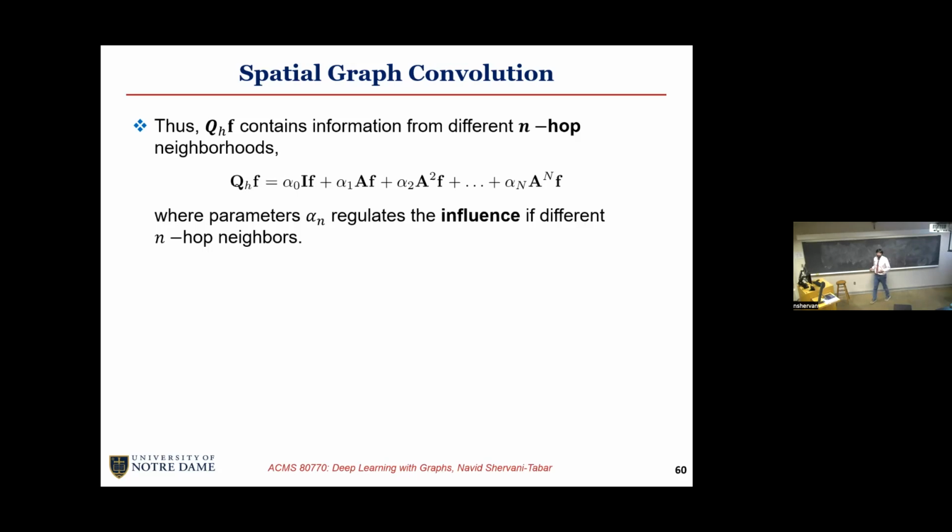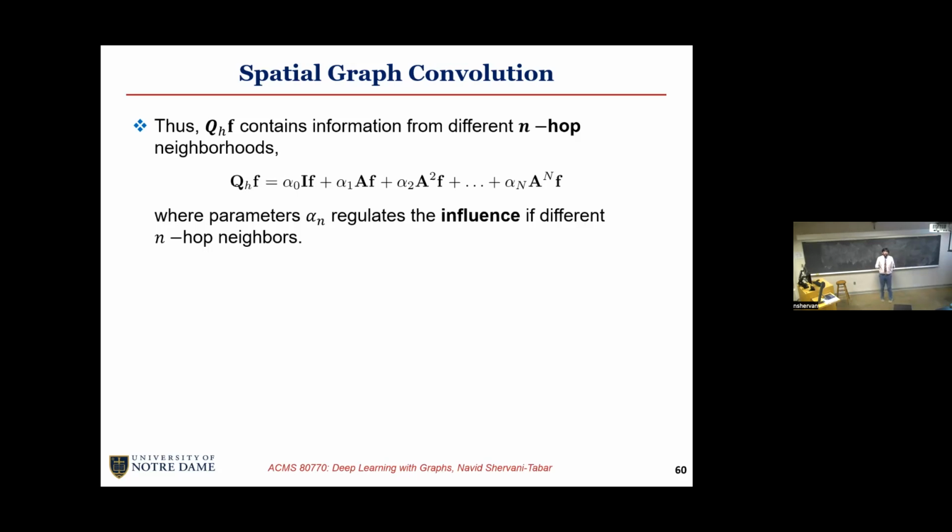To extend this idea to general graphs, we say that any convolution operator on some graph should be an expansion into these different powers of the adjacency matrix.